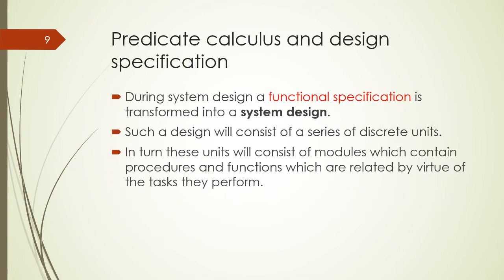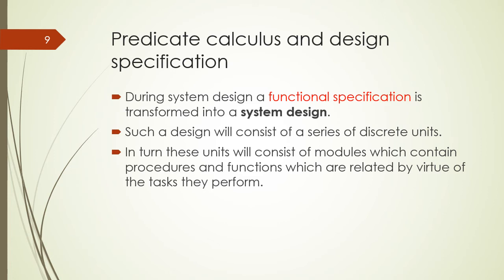Students, software design represents an internal structure of a program. It also describes what the program components are and how they are related to each other. During system design, a functional specification is transformed into a system design. Such a design will consist of a series of discrete units, which are known as components or modules.